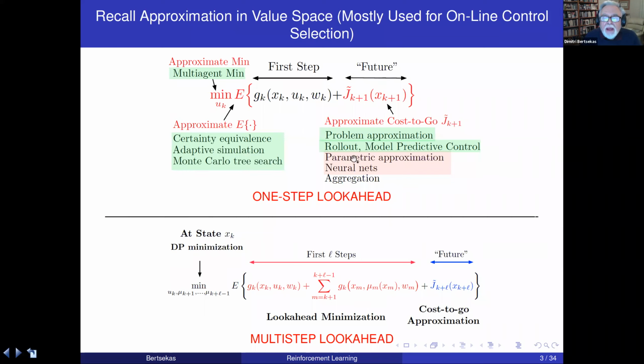And today, we're going to focus on this pink-colored topics of parametric approximation and neural networks. And similar things hold for multi-step look ahead. Today, we're going to focus primarily on one-step look ahead, but almost everything goes through for multi-step look ahead situations.